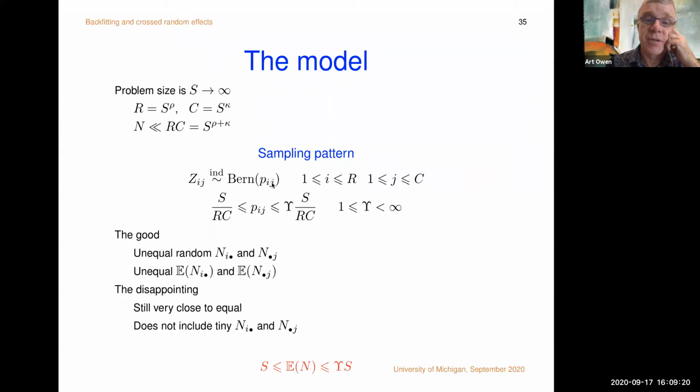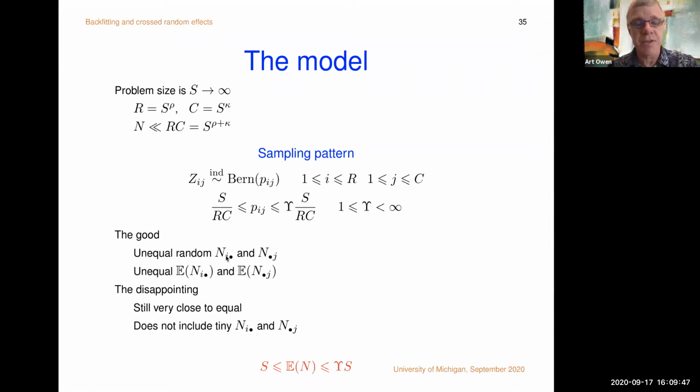So Pij is the chance that we saw ij. And what about these Pij's? Well, they're stuck between S over RC and upsilon times S over RC. And so this keeps the expectation kind of around N, and then this upsilon gives us some wiggle room. So in other words, the good news is that our sample sizes are random and unequal.